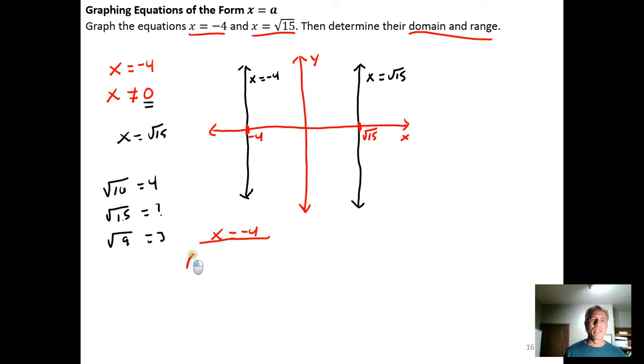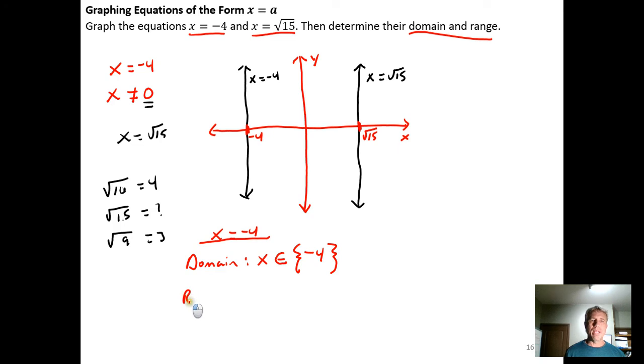So the domain for this one is really simple. What can x be? The domain is what can the inputs be, and we see the inputs are just -4 always. So we can't use an interval, we'll have to use a set. So x is an element of the set that contains the singleton -4.